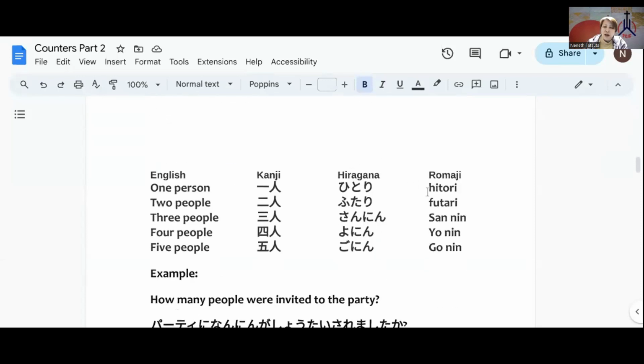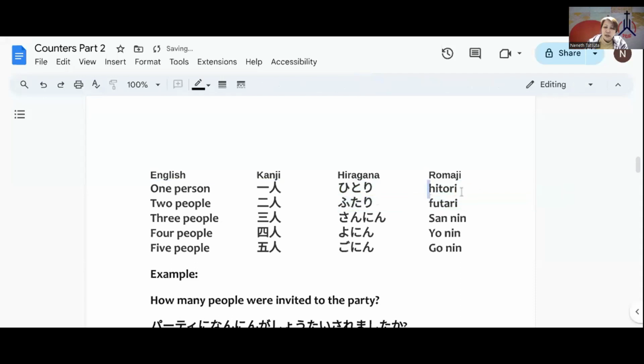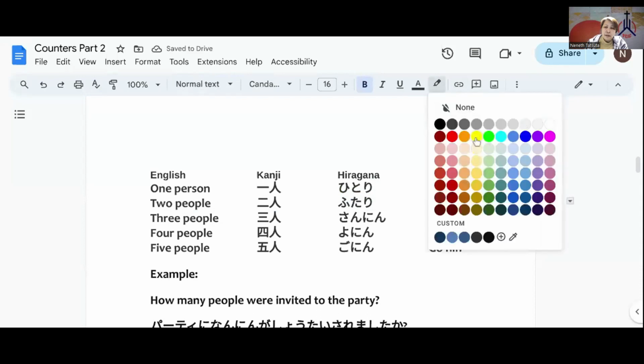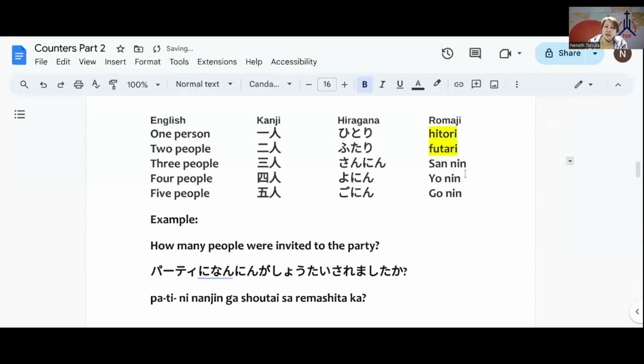Then you have hitori, futari, sannin, yonin, gonin. Only the first two have exemptions, the hitori and the futari. And the rest you just add the nin.